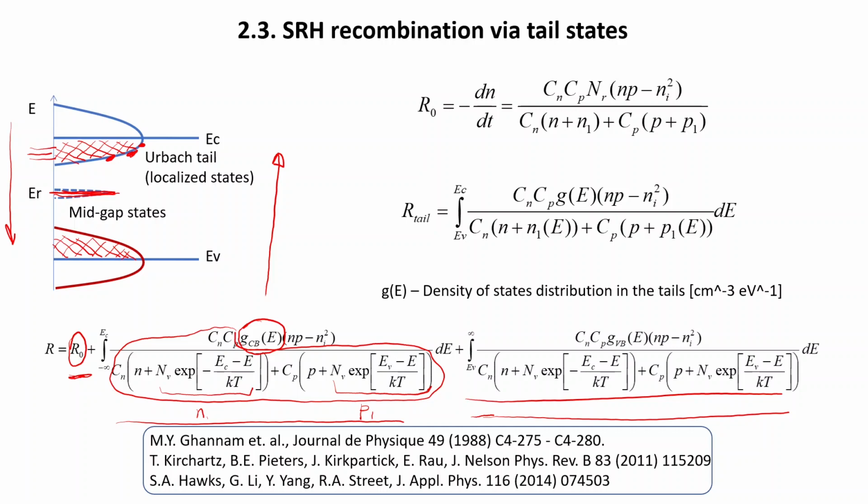Yes? But do we consider this band gap region twice? Consider this integral ranging from minus infinity to the conduction band. So this is the first. And from infinity to the valence band.